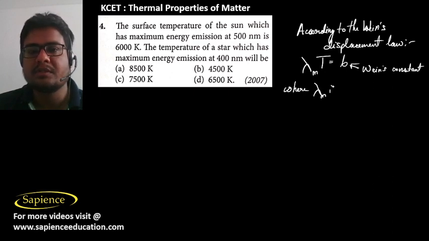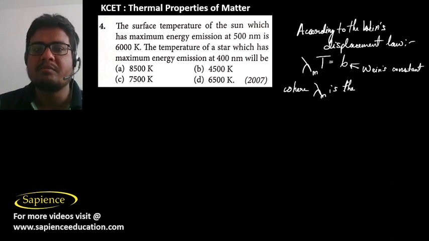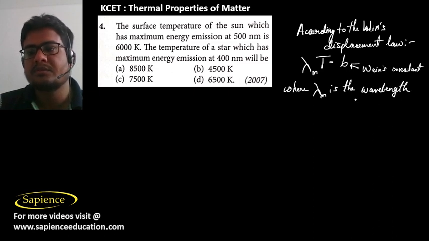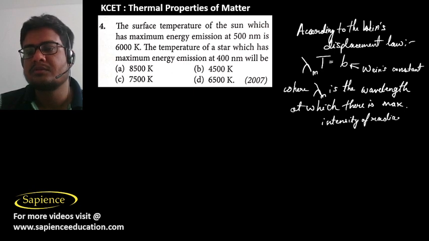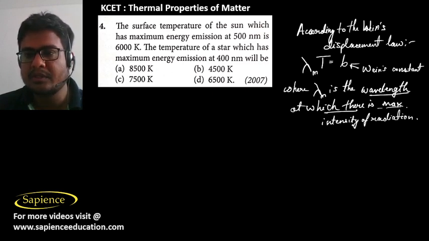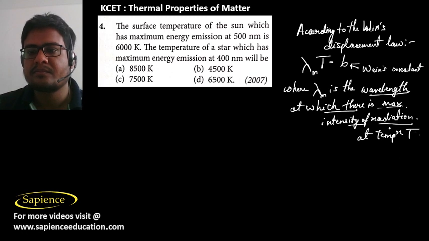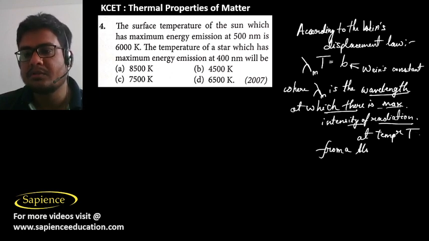And lambda m is the wavelength at which the maximum energy emission takes place, that is, the wavelength at which there is maximum intensity of radiation at the absolute temperature T from a black body.